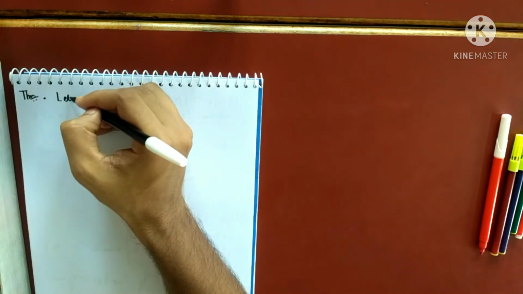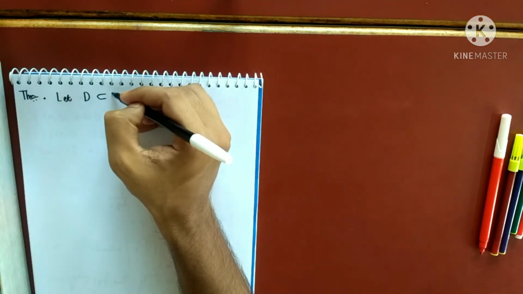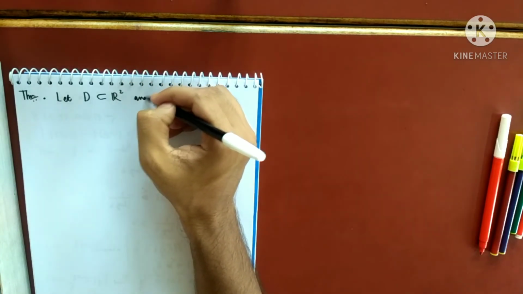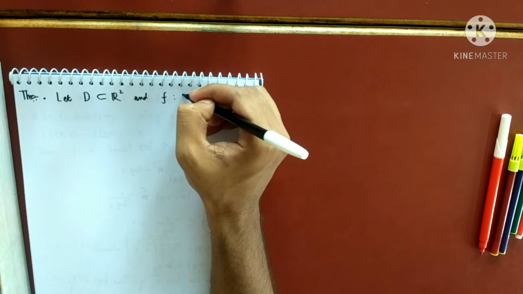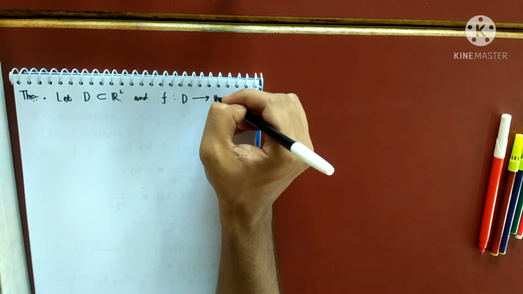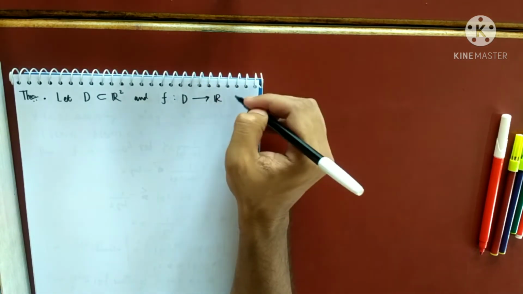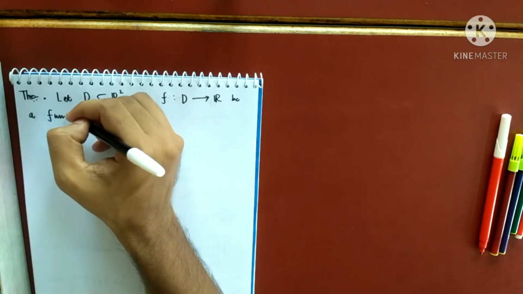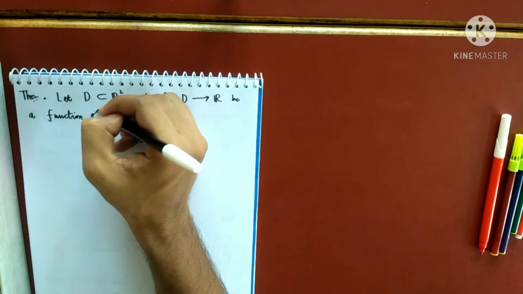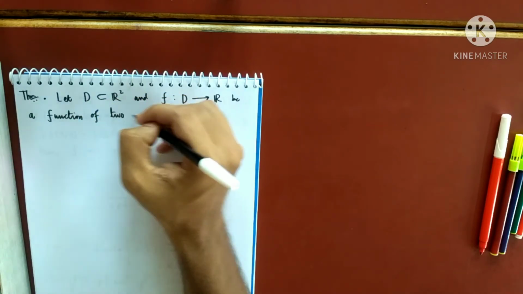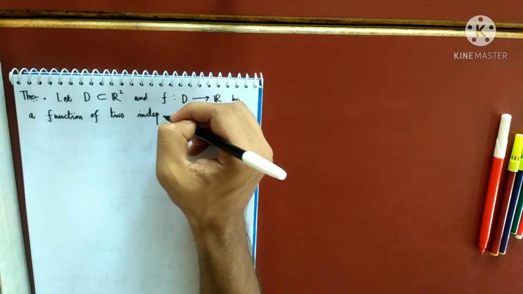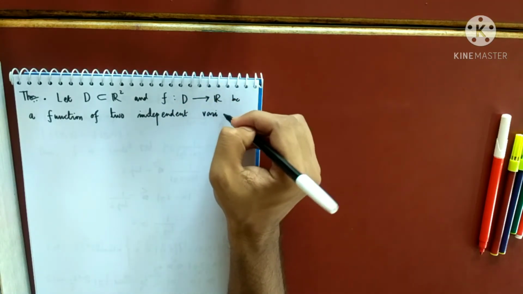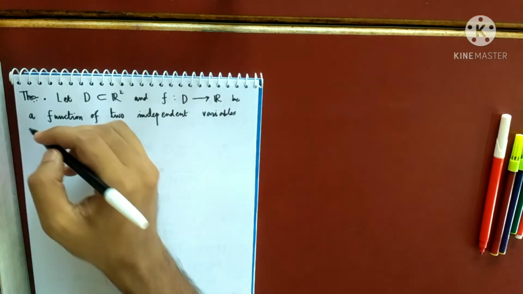Now let D be a subset of R2 and f be a function from D to R. Let f be a function of two independent variables x and y.